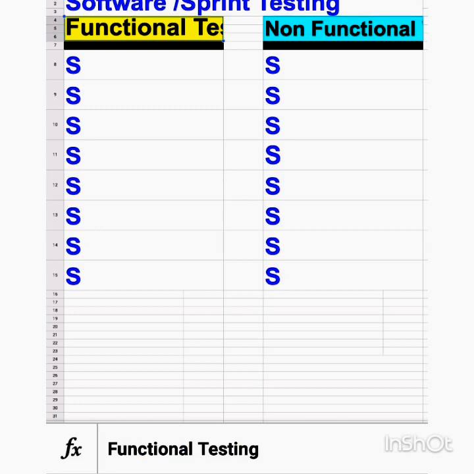Functional testing is conducted as per the requirements, based on the customer requirements, and the process and procedure are important in functional testing. Whereas in non-functional testing, the environment is important, and it is done with respect to customer expectations.